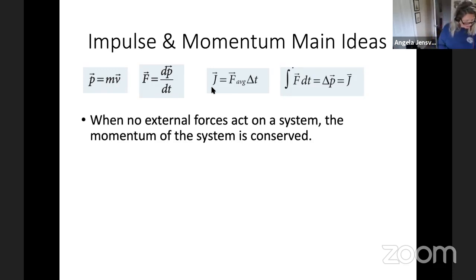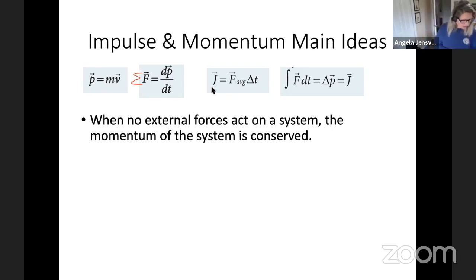Now look at Newton's second law. It should really be the sum of the forces on an object or system of objects. If the sum of forces on an object or system of objects is 0, what would that mean? Look at that equation. If the sum of forces is 0, the left side of the equation is 0, so the right-hand side would be 0 as well. That means the rate of change of momentum is 0.